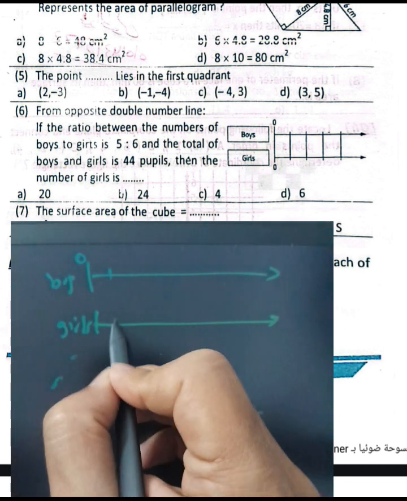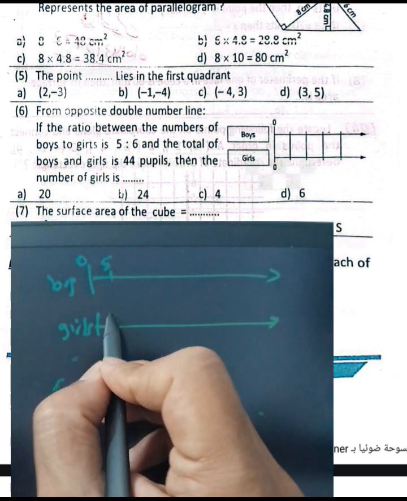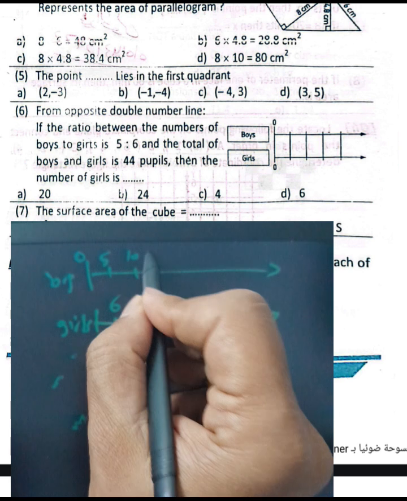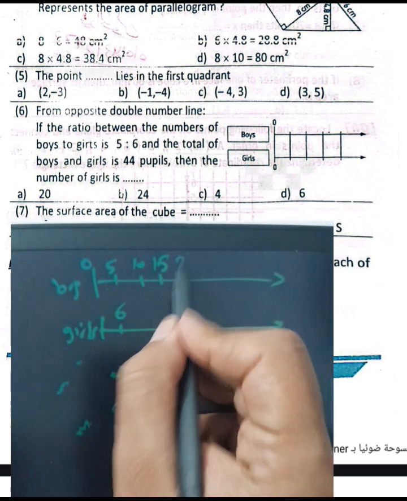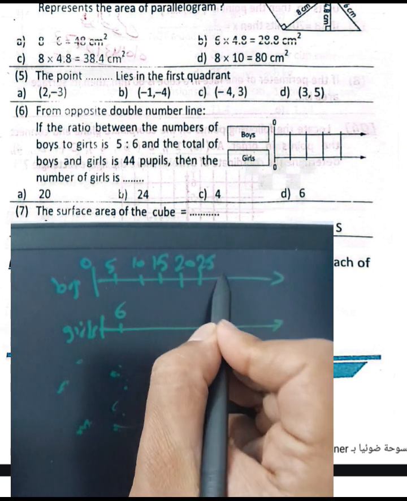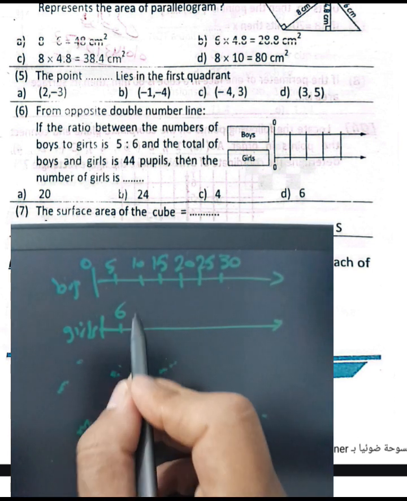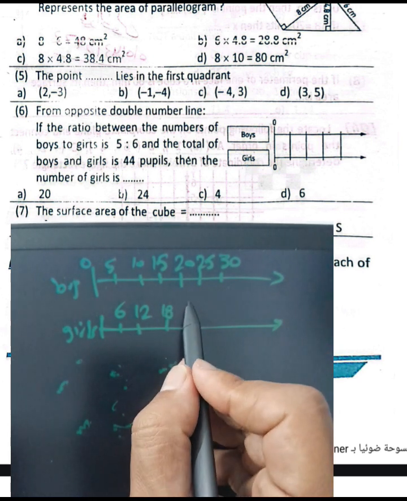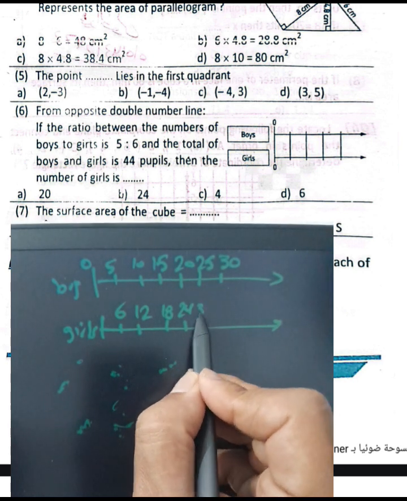We write the first ratio between boys and girls, 5 and 6. 5 times 2, 10, 5 times 3, 5 times 4, 5 times 5, and 6 times 2, 6 times 3, 6 times 4, 6 times 5.